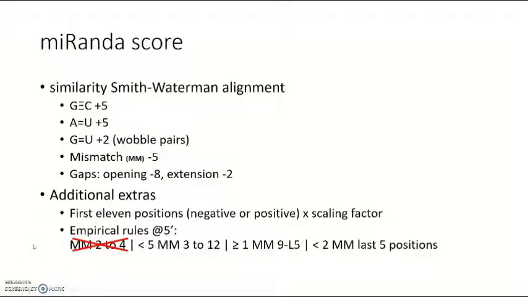And only less than 2 mismatches are allowed in the last 5 positions of the microRNA fragment. Once these empirical rules have been fulfilled, a proper miRanda score can be accredited to the given alignment.